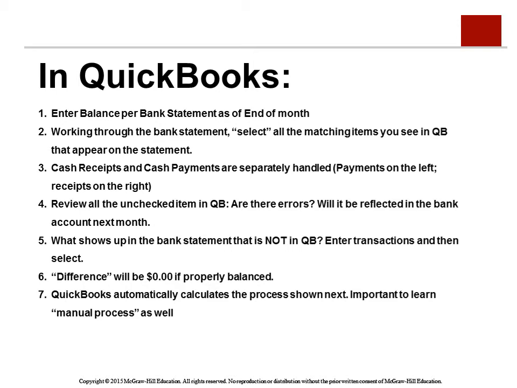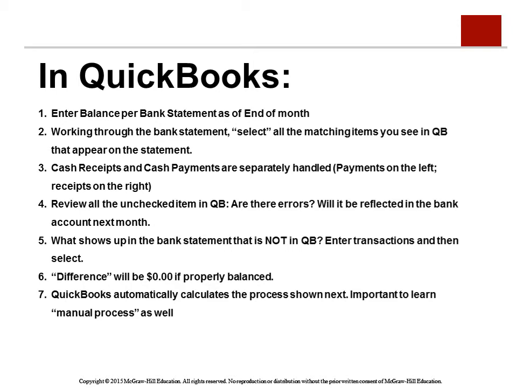On the left side, we'll have all the cash payments, and on the right side, we'll have all the cash receipts. Personally, I like to separate all the debits and the credits. All the debits will be on the cash payments, and all the credits will be on the receipts. This is the opposite of us in our books. In our books, we say credits go down and debits go up, because it's an asset, right?